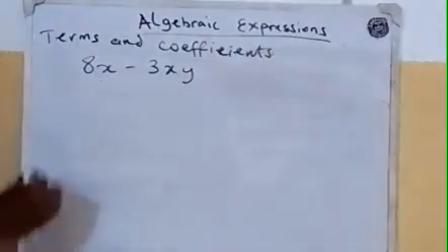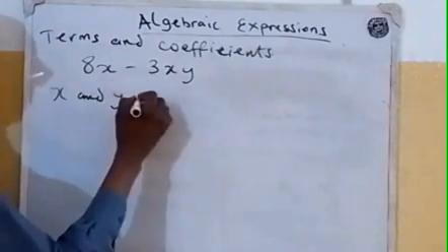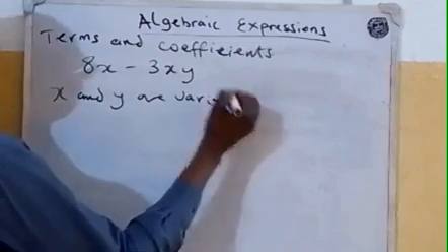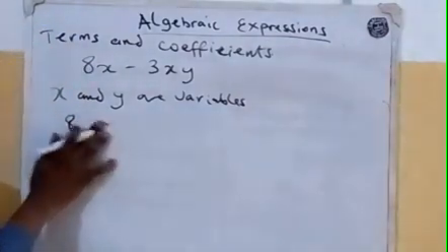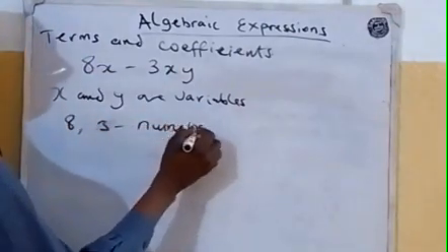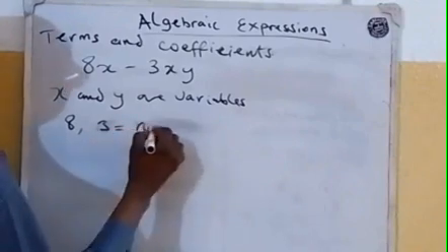So a full algebraic expression contains variables. x and y are the variables. We actually use alphabets to represent variables inside an algebraic expression. 8 and 3 in this expression are the numerals, that's numbers.